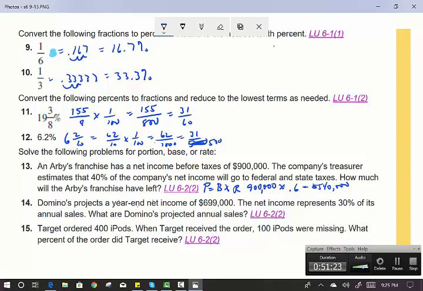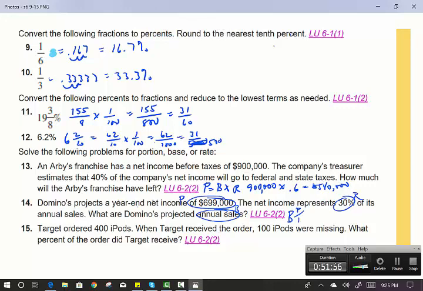Number 14, Domino's projects a year-end net income of 699,000. The net income represents 30% of the annual sales. What are Domino's projected annual sales? Well, annual sales is going to be my base, and the net income after the taxes is equal to the part, and then the rate is 30% associated with the percent sign. So I'm solving for the base.